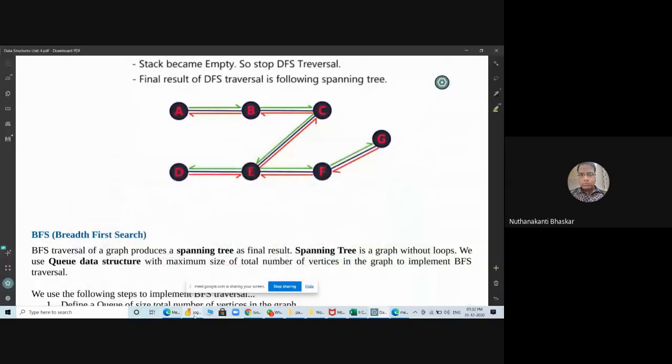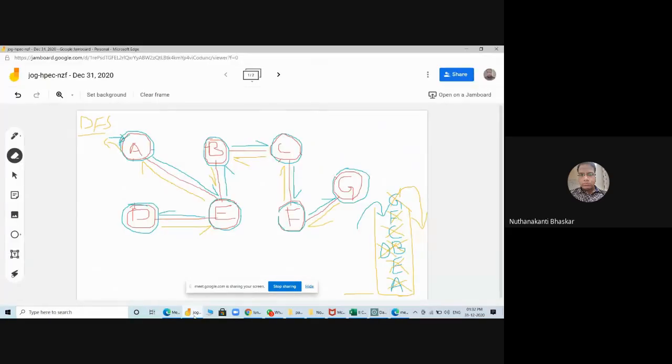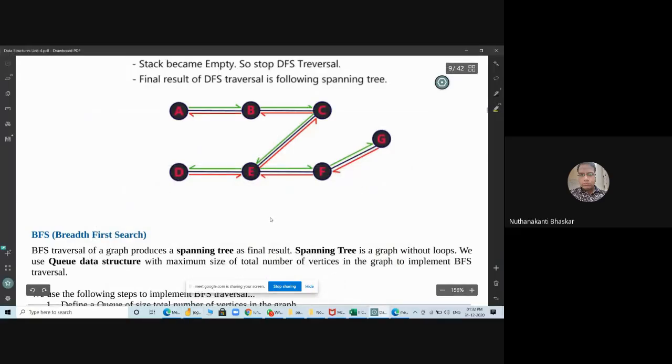This answer is different, but it is not wrong. The choice of the unvisited node plays a vital role. Finally, you will get the solution, which is depth first search only. Are you clear now? Yes, sir.